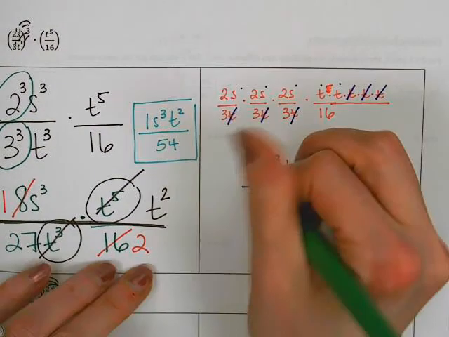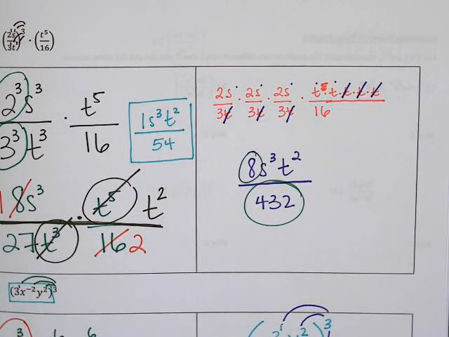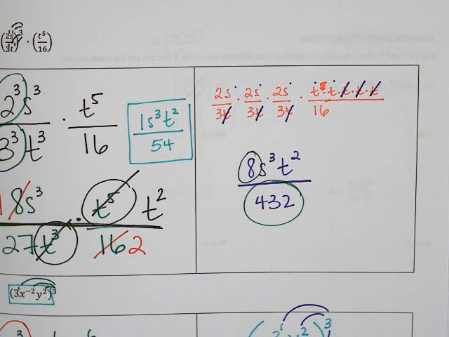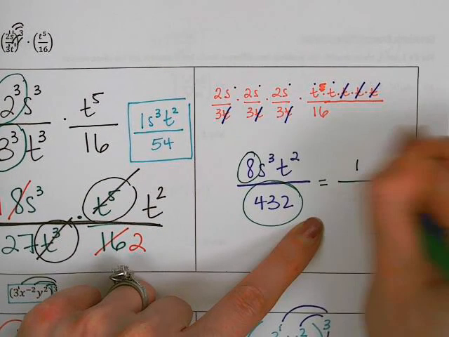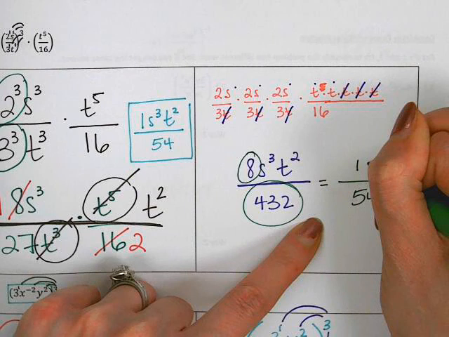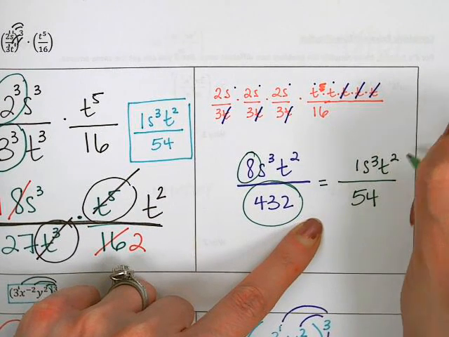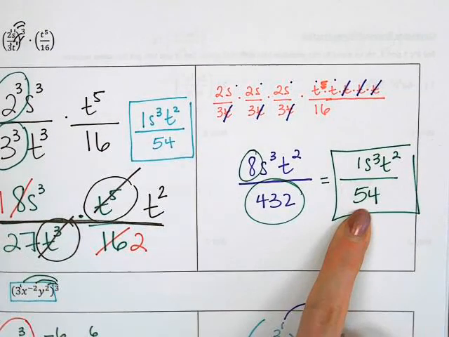But then we'd have to reduce this. If you reduce 8 and 432 by 8, you end up with 1 over 54, s cubed t squared.